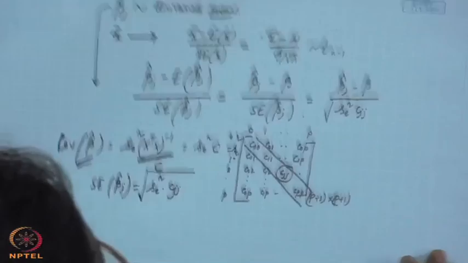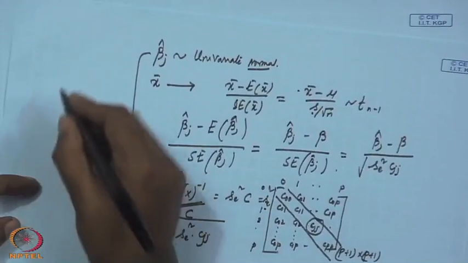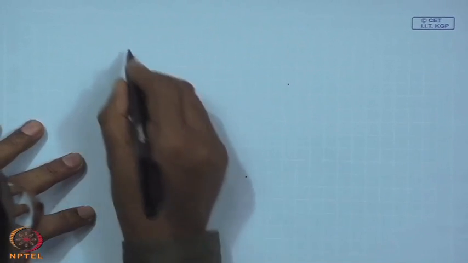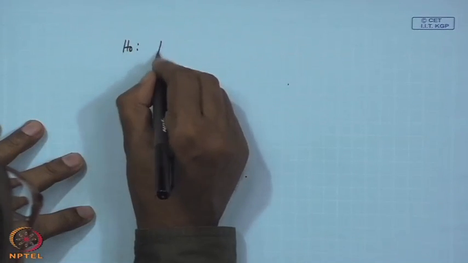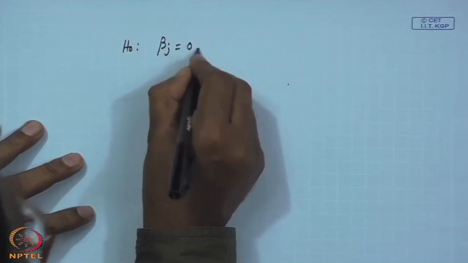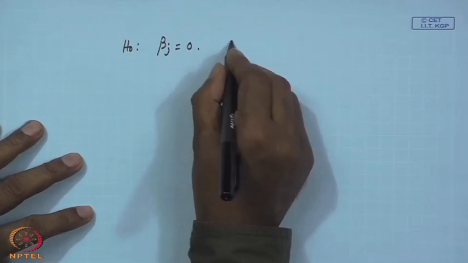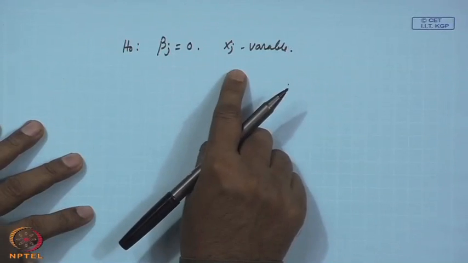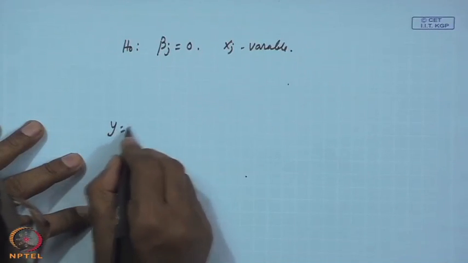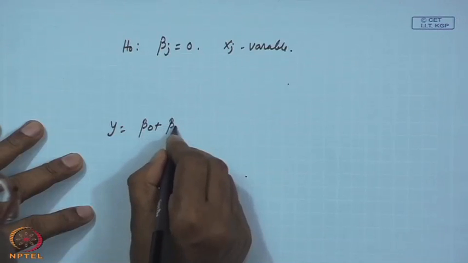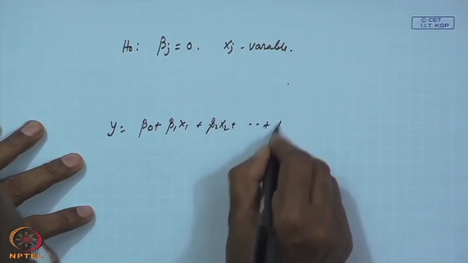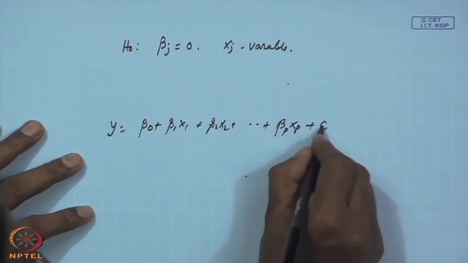Okay. Now, under the assumption of null hypothesis H0, our null hypothesis is that there is no effect of the xj variable. Now, what do you mean? Our regression equation is like this: beta 0 plus beta 1 x1 plus beta 2 x2 dot dot dot beta p xp plus epsilon.